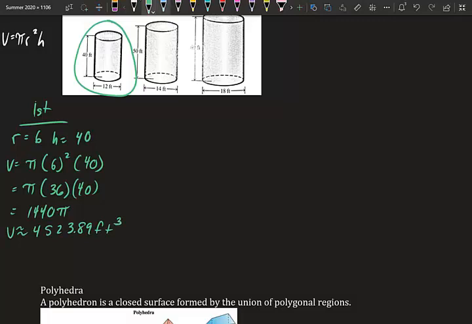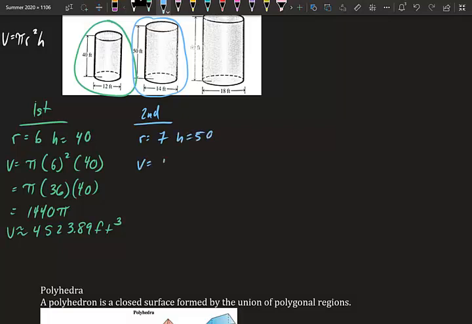Now we have to find the volume of the second cylinder, the middle one. For our second one, same problem, just different numbers. The radius is half of 14, which is 7. Our height is 50, so let's plug it in.